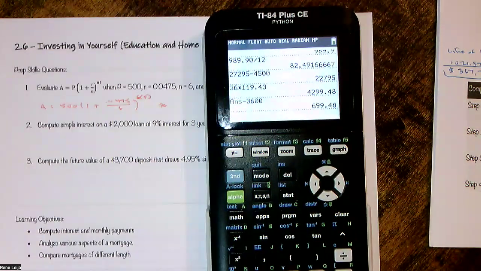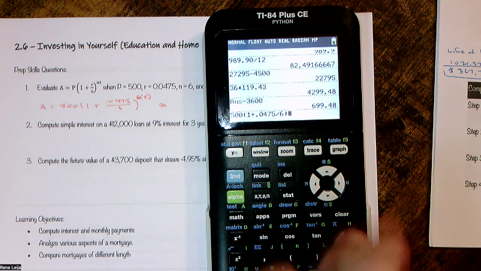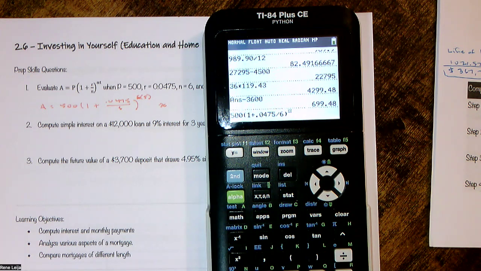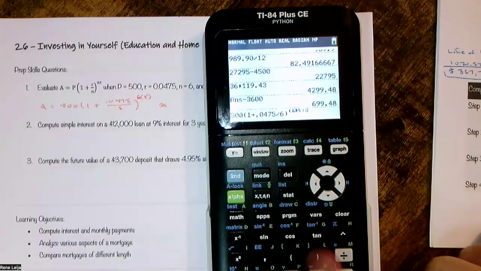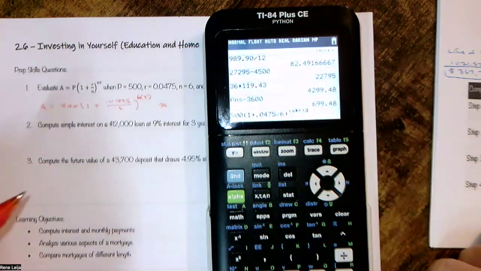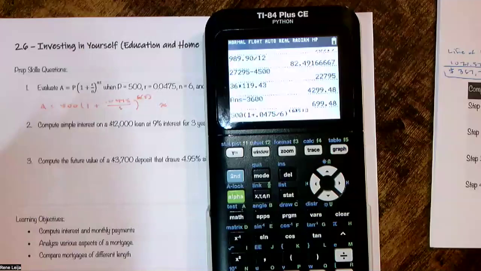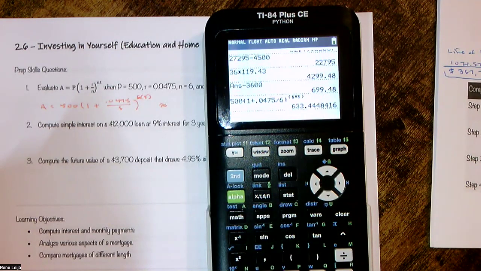All right, so 500, open parentheses, 1 plus 0.0475 divided by 6, close your parentheses. Now raise it. Now again, if you have an 83, this is where you want to open your parentheses and then just type in 6 times 5, or you can just type in the 30. You can do 6 times 5 in your head and just type in 30 and then close it out.